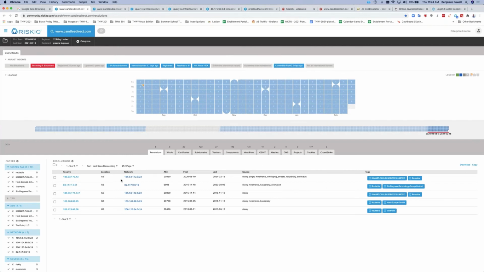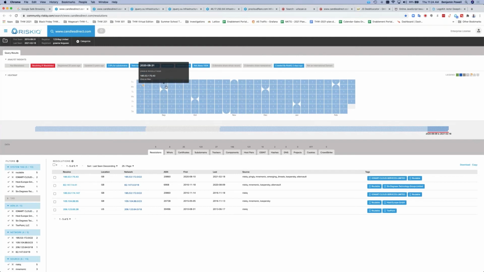Now, on the left-hand side, you'll see filters. This is called the heat map for the people that are new to PassiveTotal. And this represents 6 months worth of time. And during these 6 months, you'll see every single day what has changed. So for example, if there's a little triangle in the corner, it means that something new has been seen on that day.